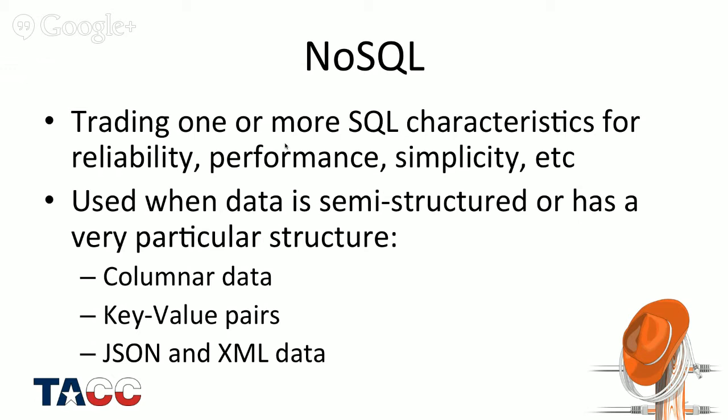I talked about key value pairs, and then there's a kind of wide range of things that are expressed as either JSON or XML data where it's structured but without a real hard schema. And there are tools that will allow you to work with that.